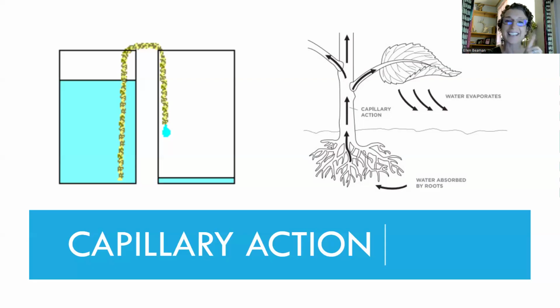It moves up through the xylem and through capillary action will move up into the different parts of the upper plant, and then water will evaporate out of the stomata on the leaves. And again, that's evapotranspiration.